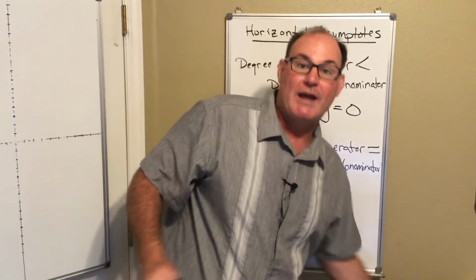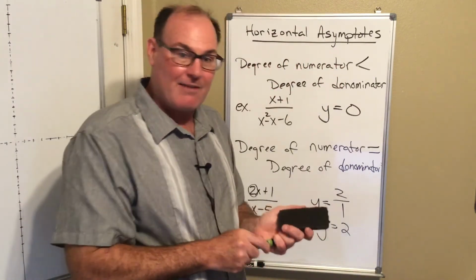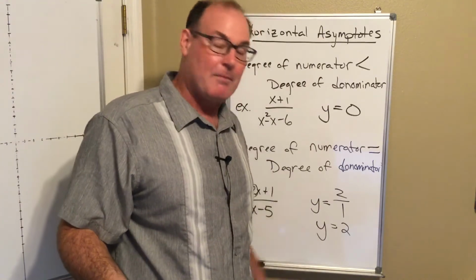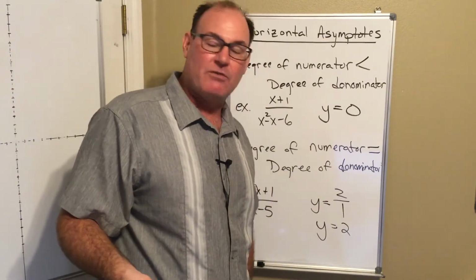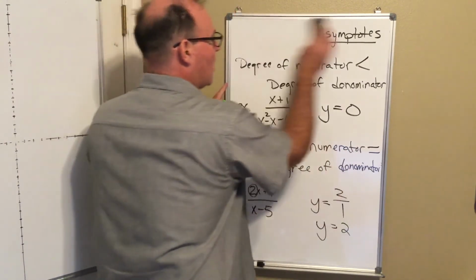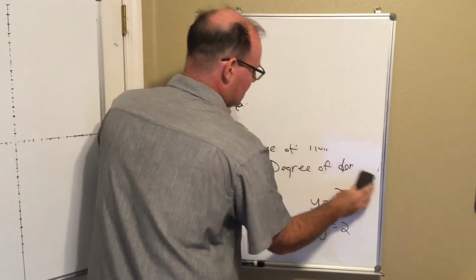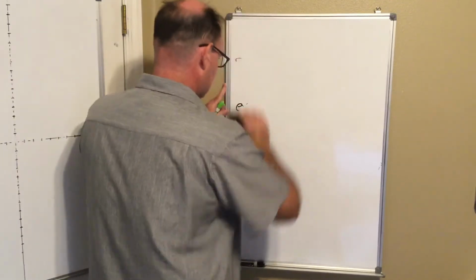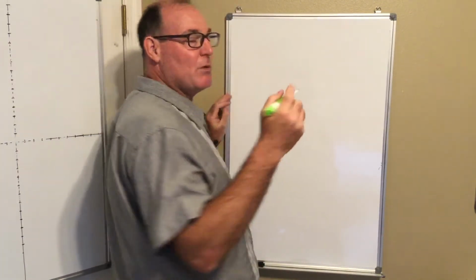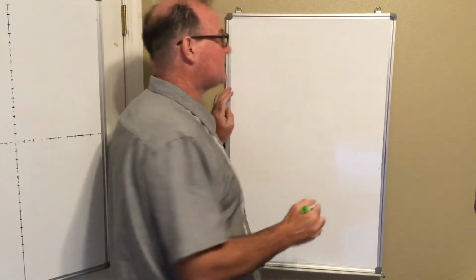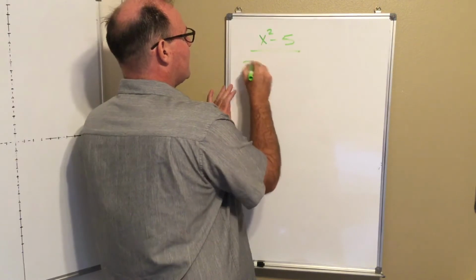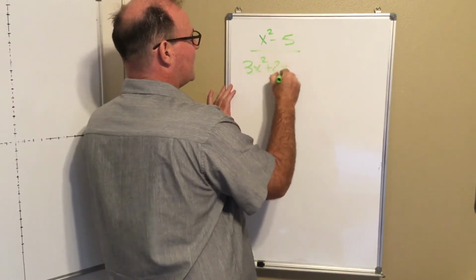So I'm going to just write on the little whiteboard that I have here 3 more examples. After I've written them down, I would recommend pausing your video and then seeing if you can figure out what the horizontal asymptotes are for each of these situations. So here we go. We want the horizontal asymptotes for each of these. The first one is x squared minus 5 over 3x squared plus 2x minus 9.